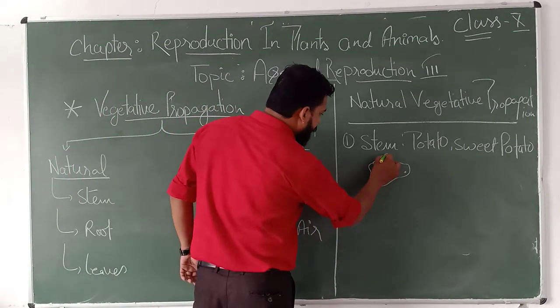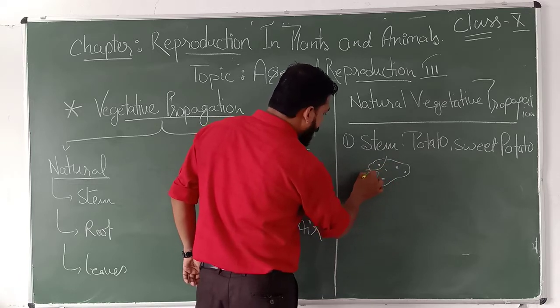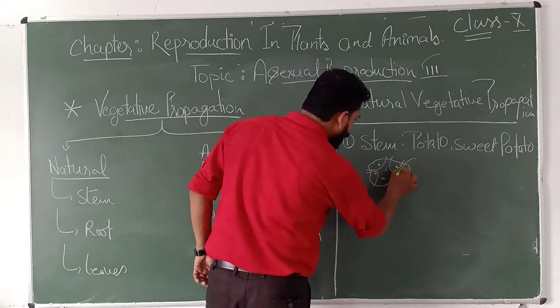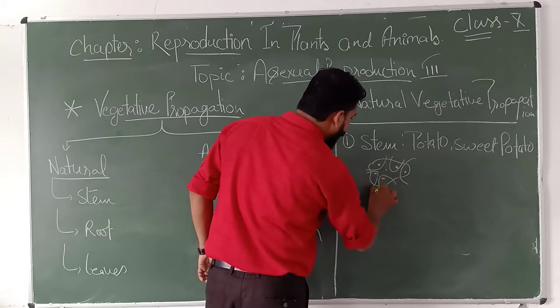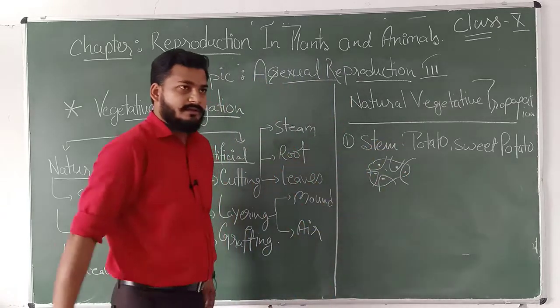Then what a farmer has to do is to cut each eye separately. So how many pieces he got? 1, 2, 3, 4, 5, and 6.